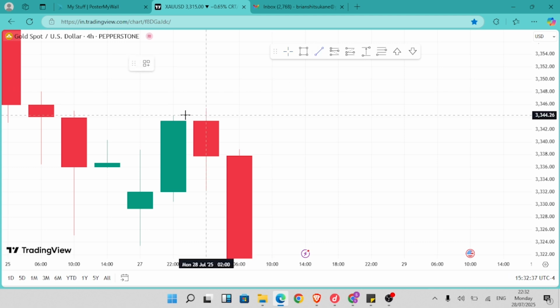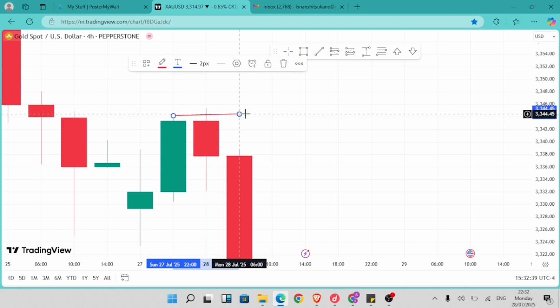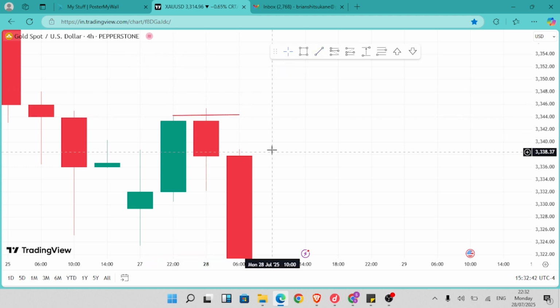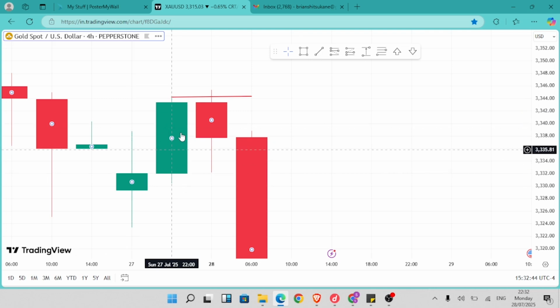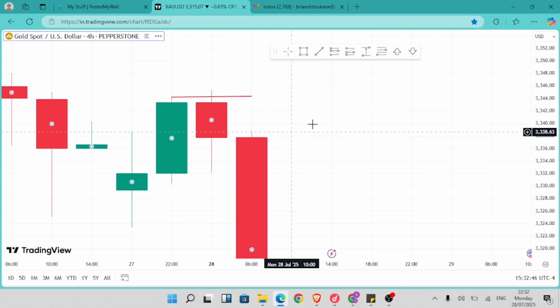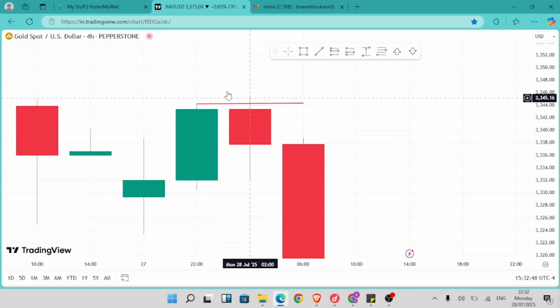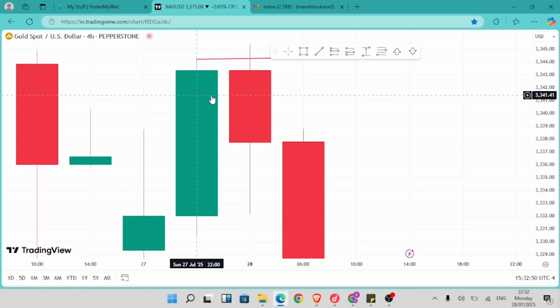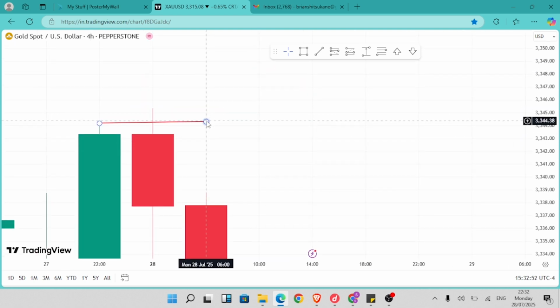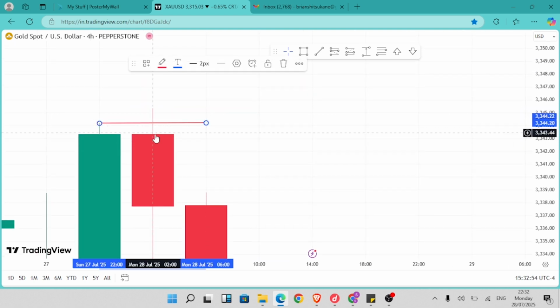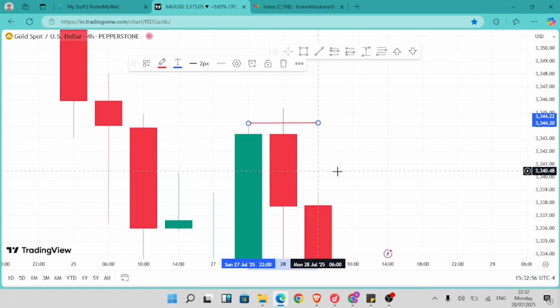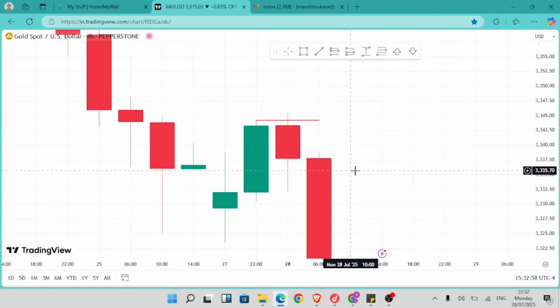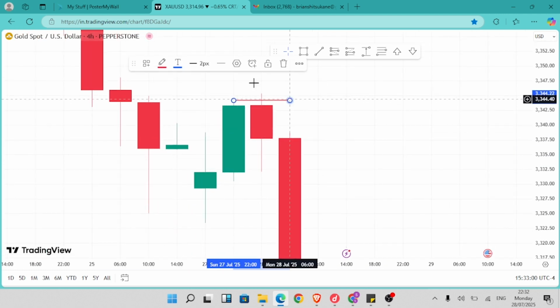We had these two candles, the first bullish and the second bearish. The bearish candle swept the liquidity of the first bullish candle and closed pretty much at the same level, which is not bad.